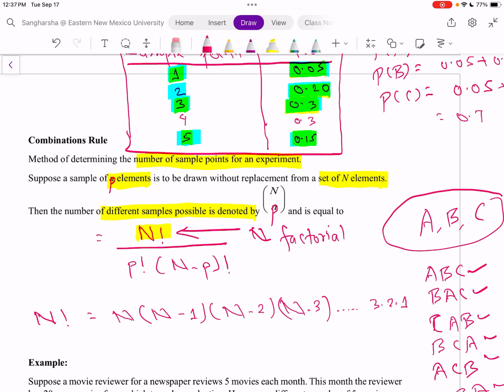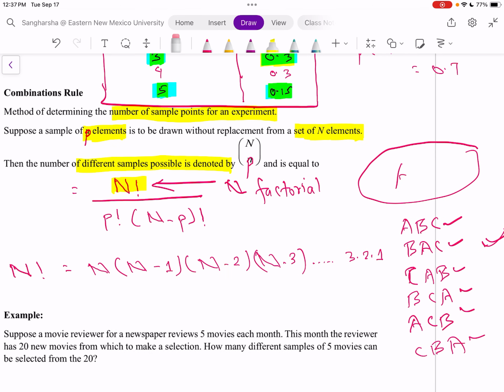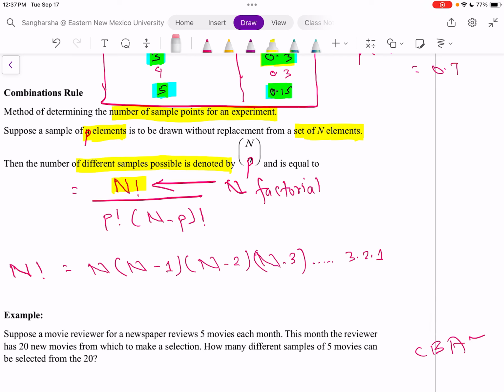Now let me do an example, then it will be clear. Let me erase this here. For example, if we want to find what 5 factorial equals, our n is 5, so we have 5 times 5 minus 1, which is 4, then 5 minus 2, which is 3, times 5 minus 3, then 5 minus 4.